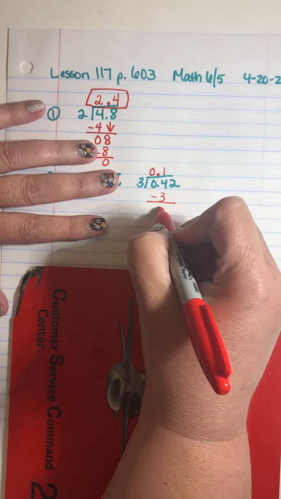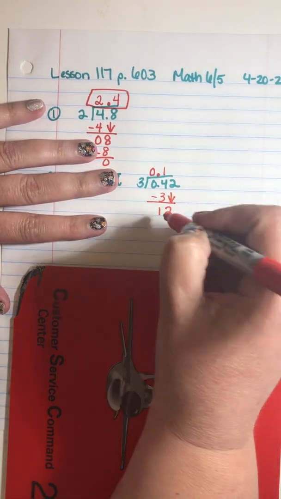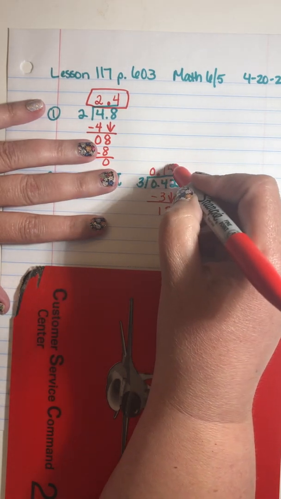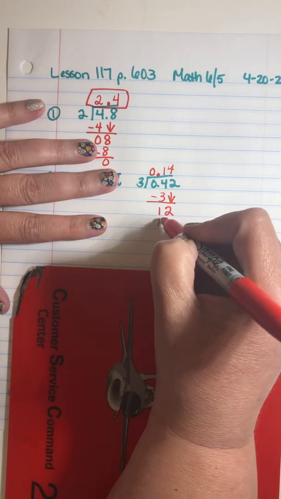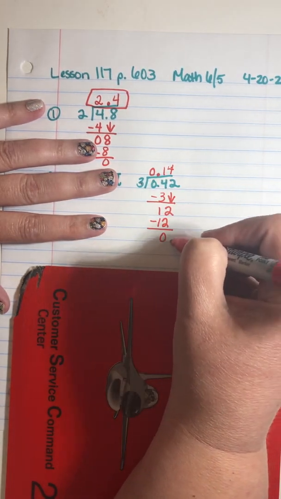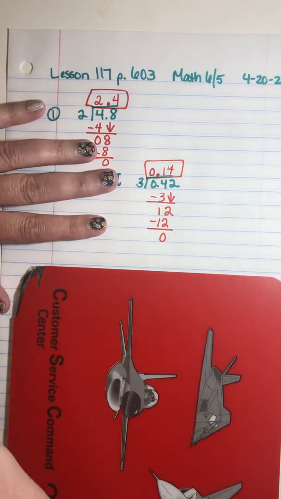Subtract. 4 minus 3 is 1. Bring down 12. Now I have my new division problem. 12 divided by 3 is 4. 4 times 3 is 12. Subtract, and I have a 0. I have nothing else to bring down, so my answer is 14 hundredths.